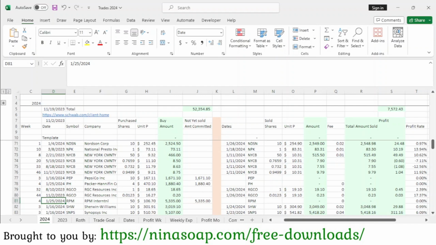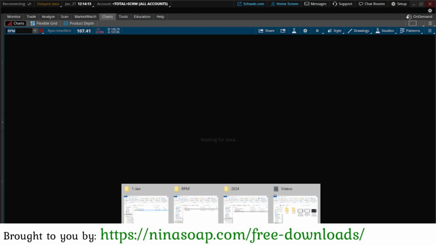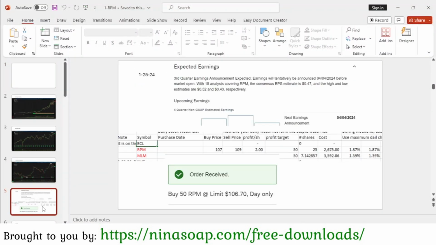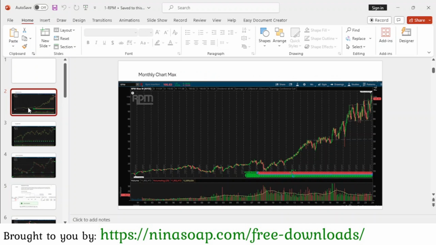So we have not sold it yet. But yeah, I think you get the idea how it works. So we have that one. Let me go back to it. And you can see the maximum monthly trend, and that's where the price is. So it's up trending.